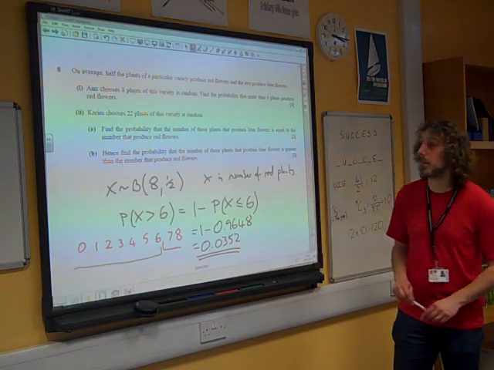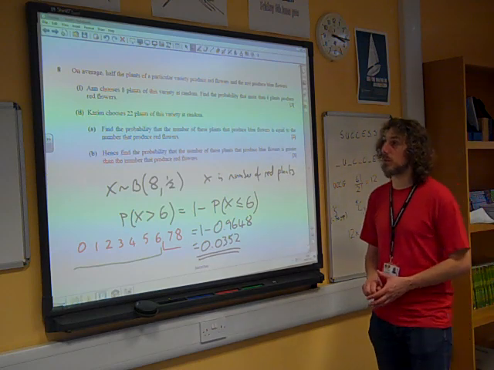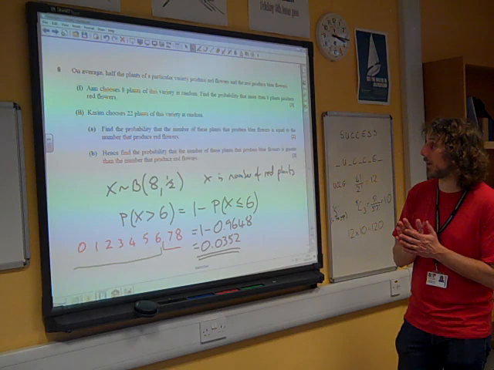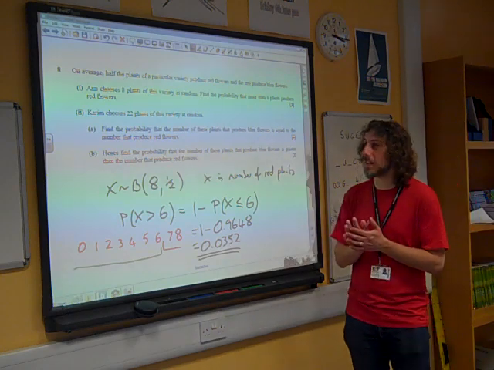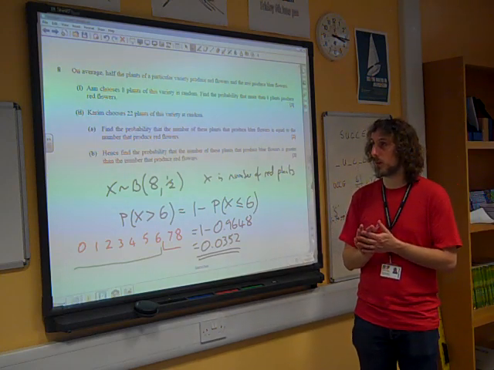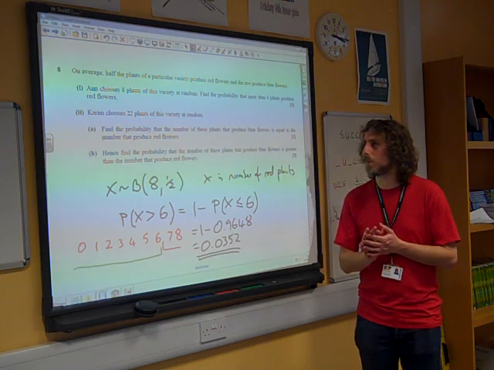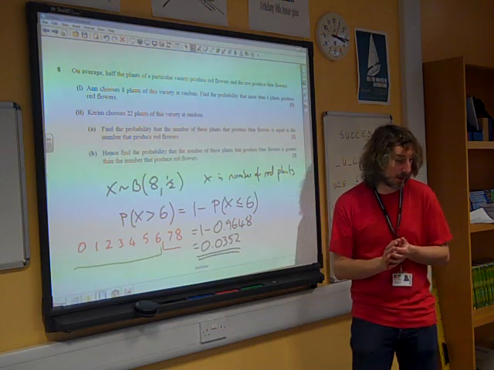Right, then it says, Karim chooses 22 plants of this variety at random. Find the probability that the number of these plants that produce blue flowers is equal to the number that produce red flowers. Okay, 22 plants. Things have changed slightly, haven't they?